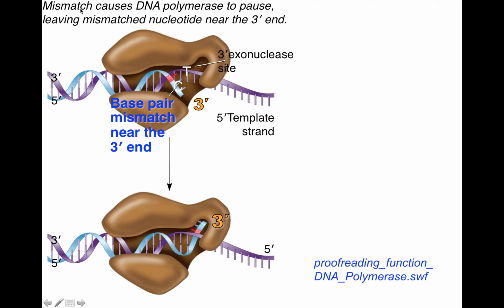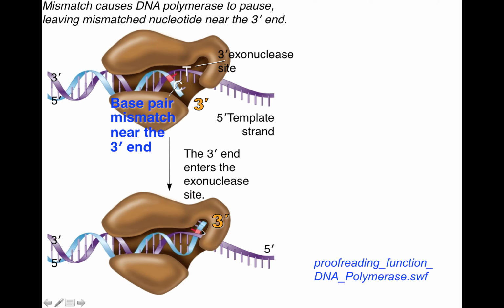If there is a mismatch, the wrong nucleotide is added to the growing 3' end. The change in the conformation of the DNA causes the catalytic activity to pause. The DNA in this conformation has a lower affinity at the catalytic site and a greater affinity at the 3' exonuclease site, the proofreading site.